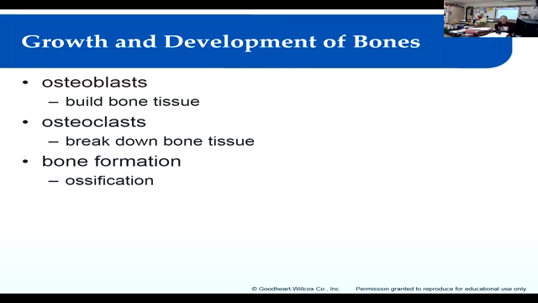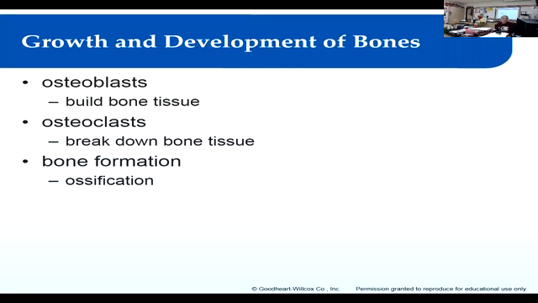Now why do you think we would need to break down bone tissue? It's because our bones, remember, store phosphorus and store calcium. So when our calcium levels in our blood get too low, then it sends a message.